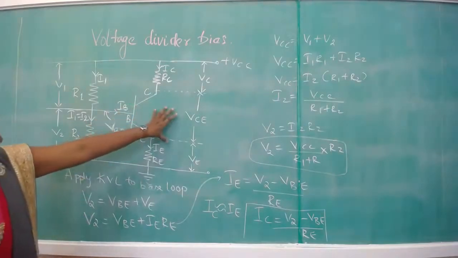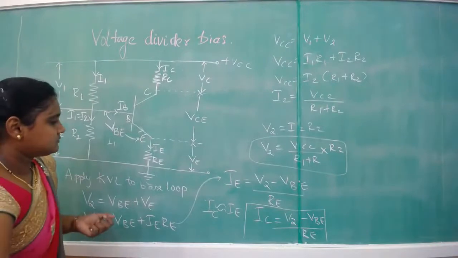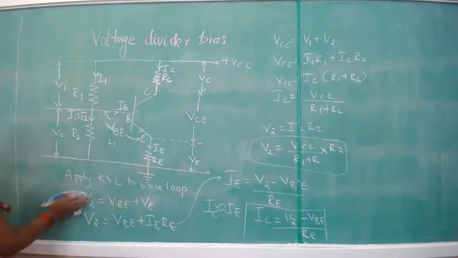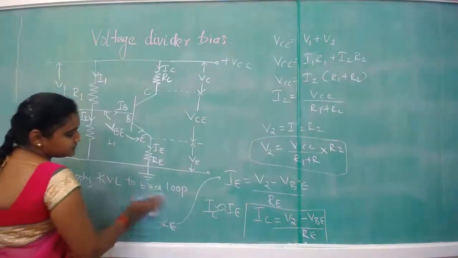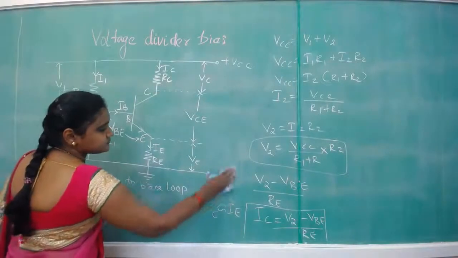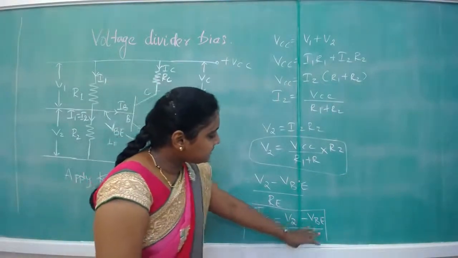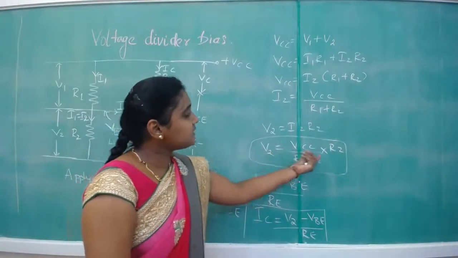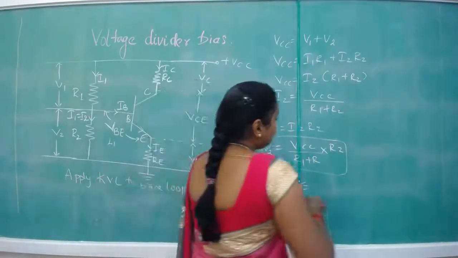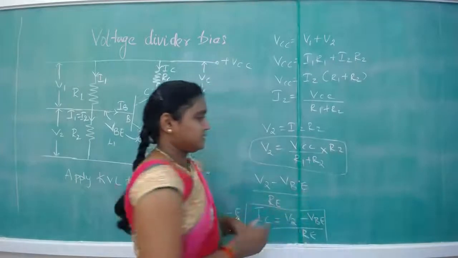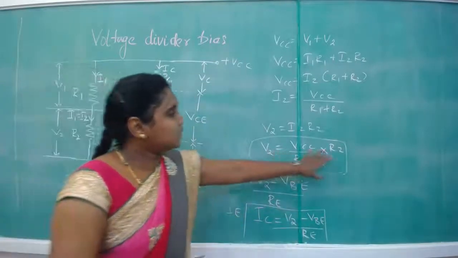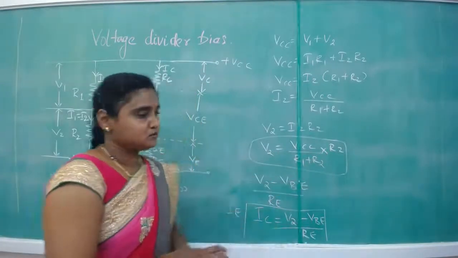Now we will move to the collector part, otherwise the output part of the circuit. Okay, so the expression for IC is equal to V2 minus VBE by RE, where V2 is VCC by R1 plus R2 into R2. Okay, VCC into R2 by R1 plus R2.